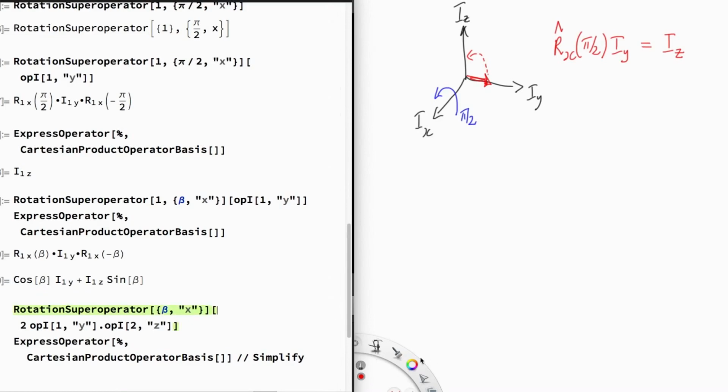Let's just have a look at the interpretation of that. We have Ix, Iy, Iz. I had rotation by beta around the x-axis, so a general angle, applied to an operator along the y-axis.